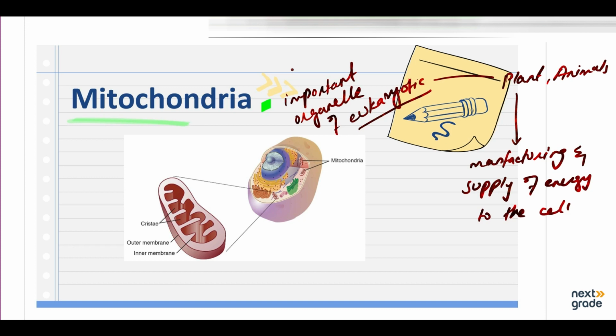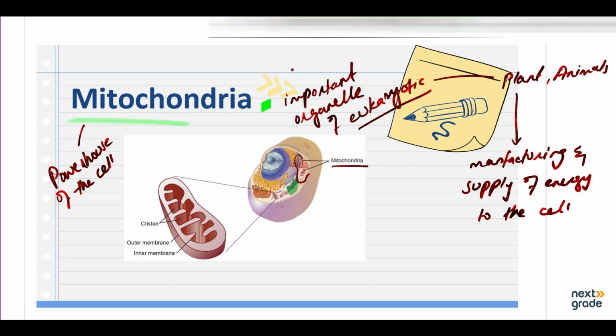Moreover, they are also known as the powerhouse of the cell. Why? Because they are involved in the manufacturing and supply of all the energy to the cell. If you can see the diagram that is being shown on your screen, this structure right here is mitochondria.